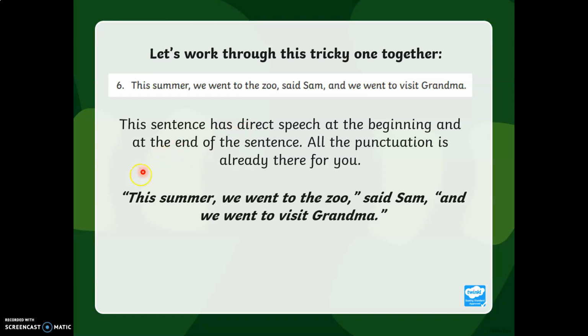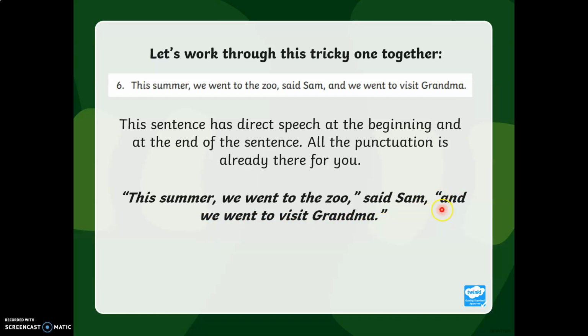First of all, you would always have the quotation marks around the direct speech. So at the start of this sentence, this summer we went to the zoo, comma, close quotation marks. And then we've got said Sam. Then we need a comma again. And we went to visit Grandma.